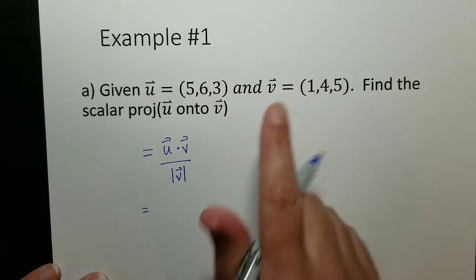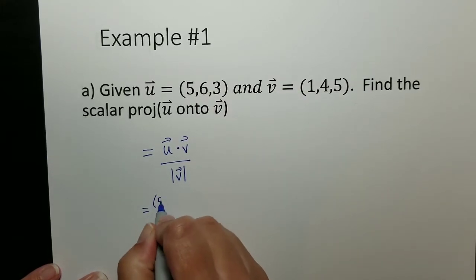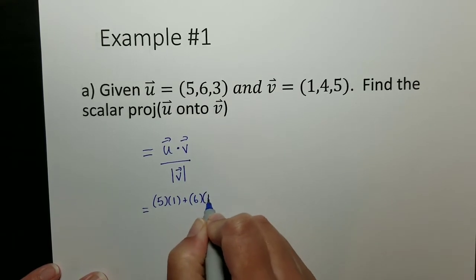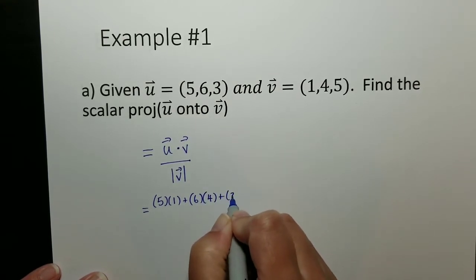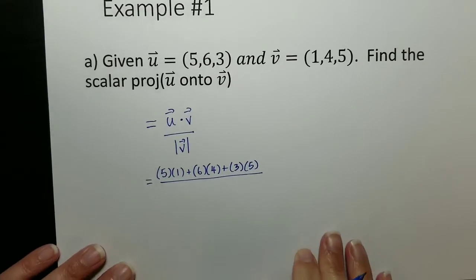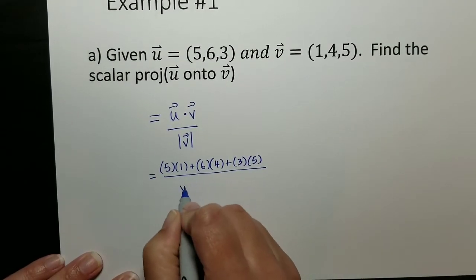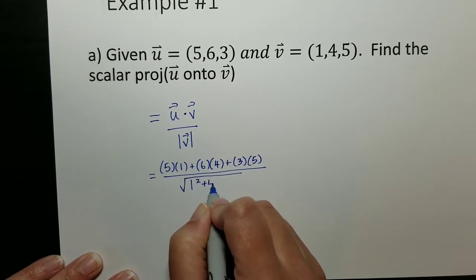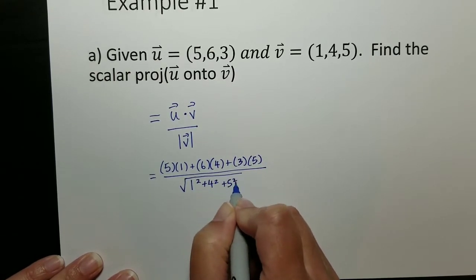Remember, we take our x coordinates and multiply them, so 5 times 1, and the y coordinates, 6 times 4, and the z coordinates, 3 times 5. And then the magnitude of v, the square root of 1 squared plus 4 squared plus 5 squared.